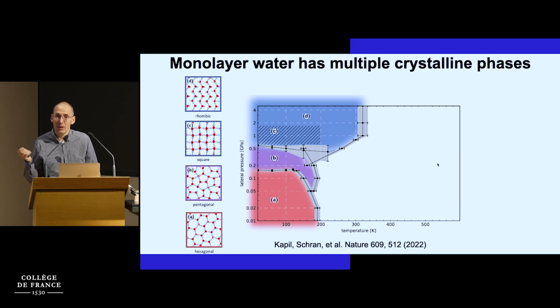And now with the machine learning potential that gives us the density functional theory accuracy, we are able to go about doing that. And what that shows is that the melting behavior, going from the monolayer hexagonal ice in here to where the liquid will appear, there's a significant melting point suppression.